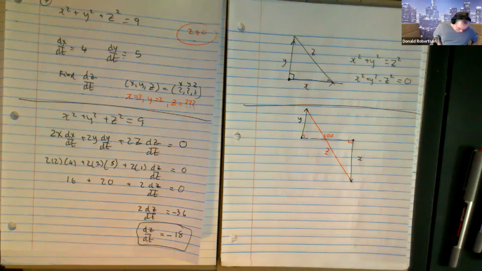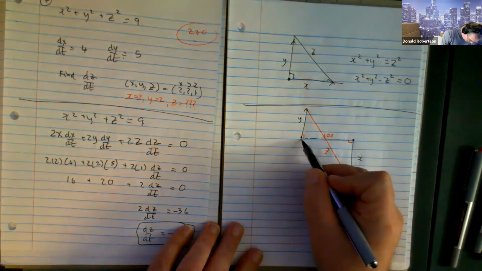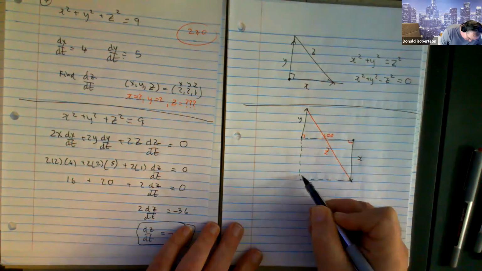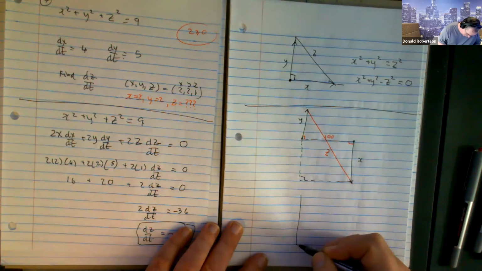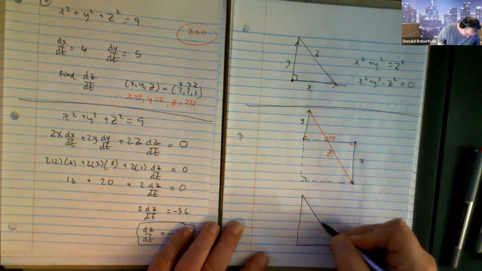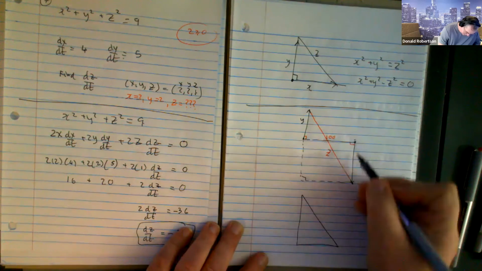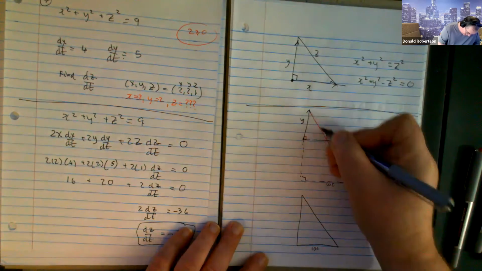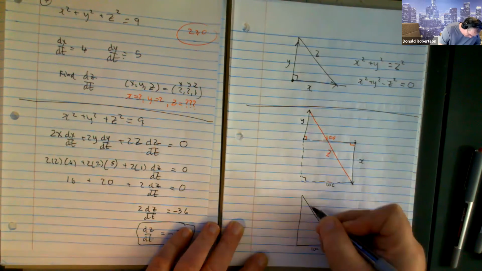So let me show you how you would create a connecting formula. I would add in an invisible couple of dotted lines and make a big right angle triangle. And I'm going to use Pythagoras again. This distance would be him, so he's 100. This guy is still called Z.